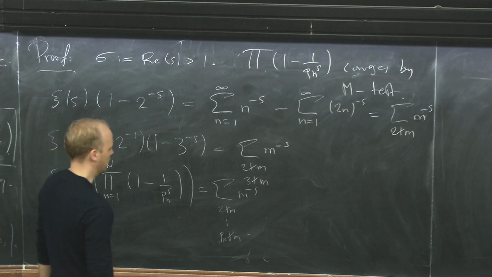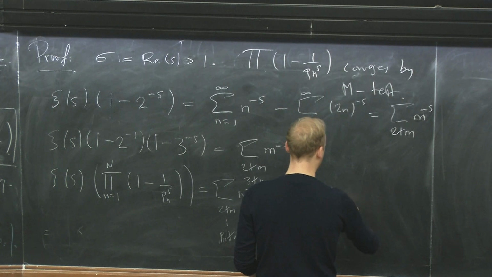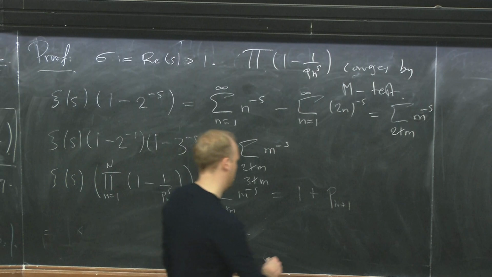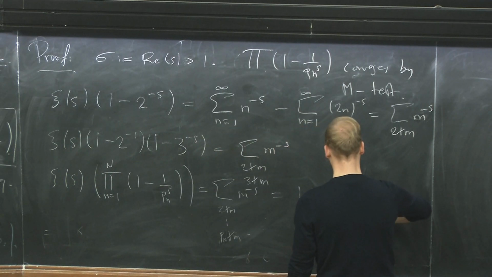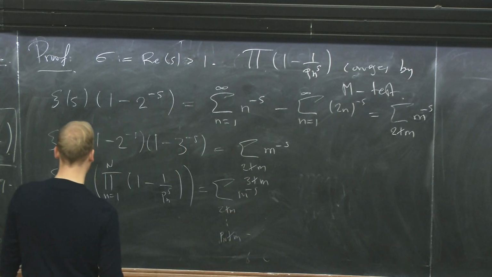Okay, so this sum starts with 1, and then the next term is P_{n+1}. So it starts with 1, and then it is some remainder term.